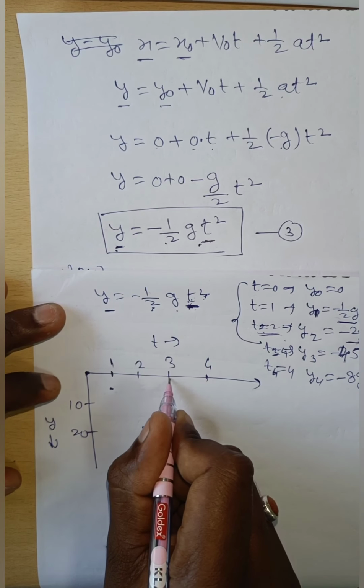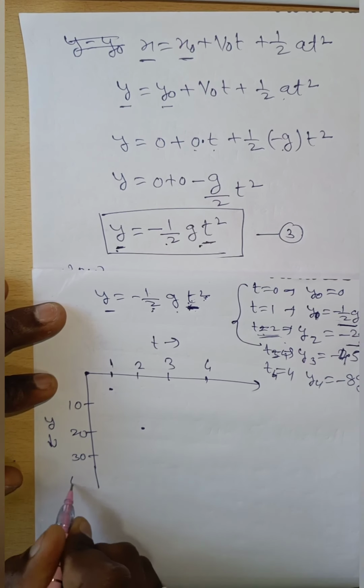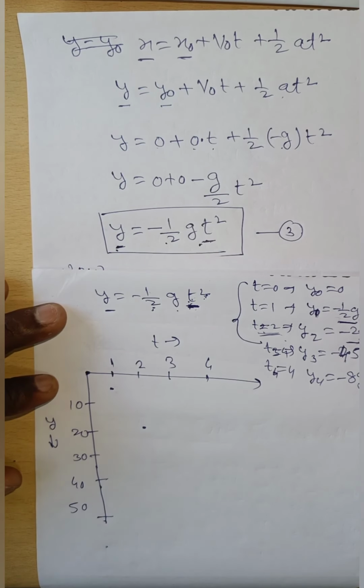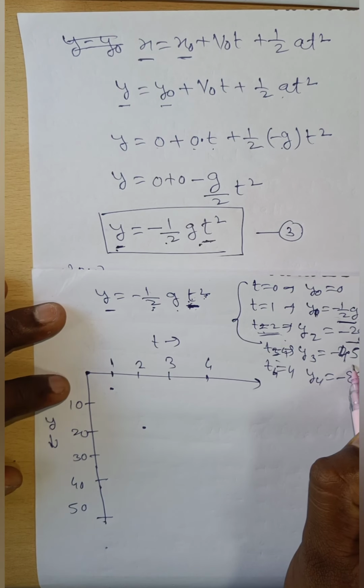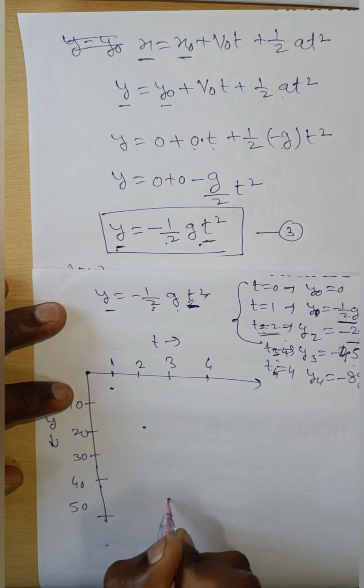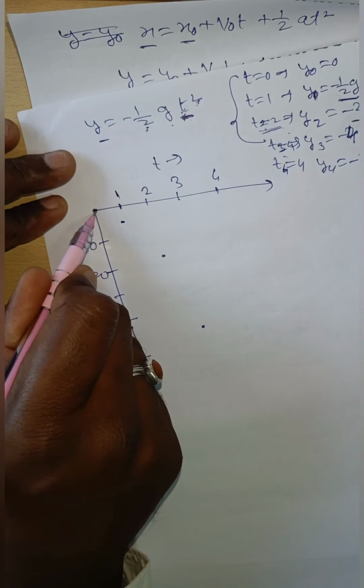When t is equal to 3, it is 4.5g, so the graph is nearly like this.